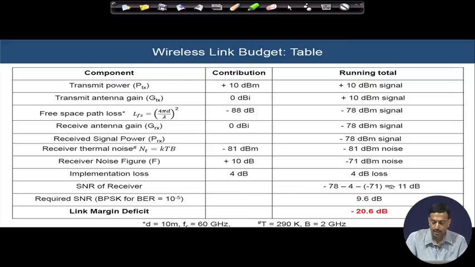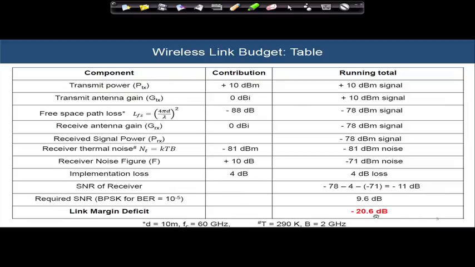However, the SNR that our system returns is minus 11 dB. So we can see that we are falling well short of the requirement of 9.6 dB, and the deficit, which is nothing but the difference between these two terms, that is the amount by which we are falling short, is about minus 20.6 dB, which is quite a significant amount of deficit.